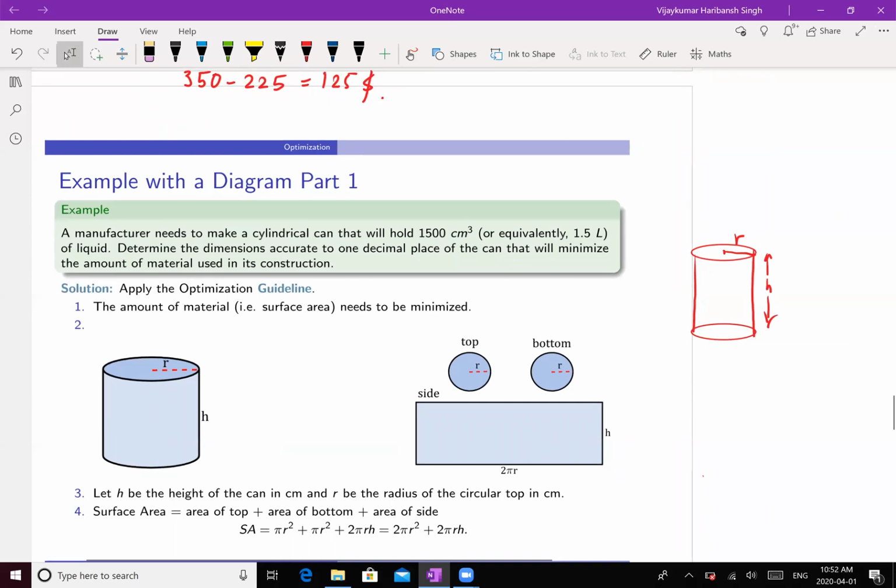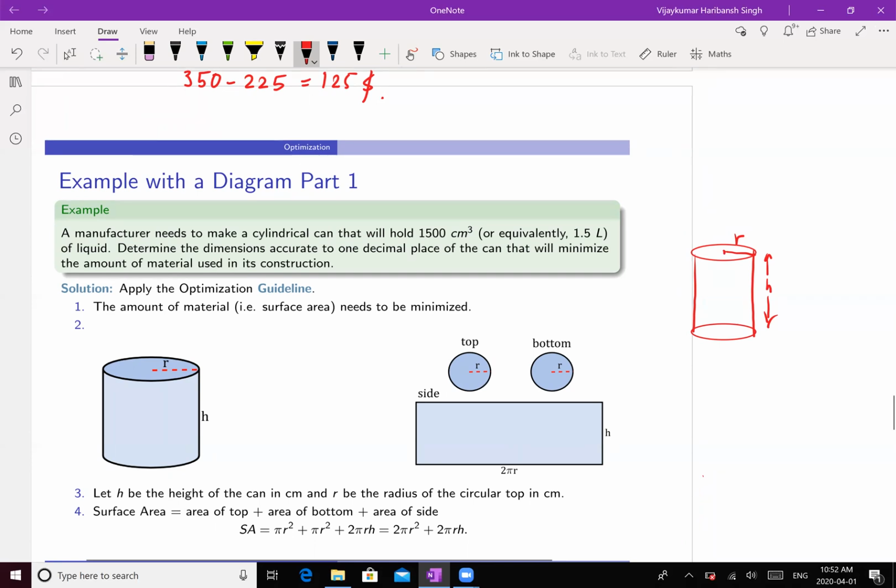Now the question is, what do we have? The manufacturer needs to make a cylindrical can that will hold 1500 centimeters cubed of liquid. Determine the dimensions, accurate to one decimal place, that will minimize the amount of material needed for the construction. So what is the material needed?